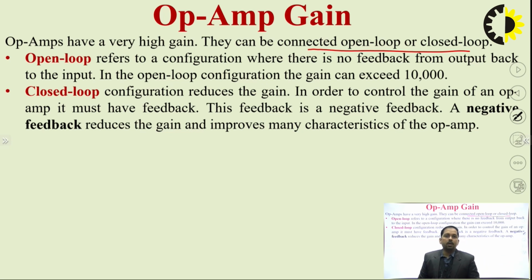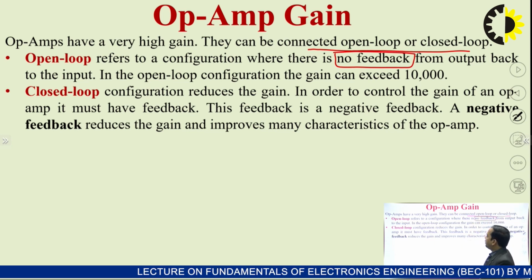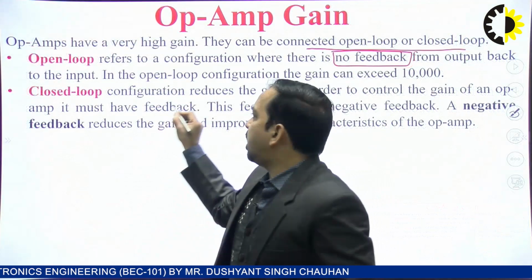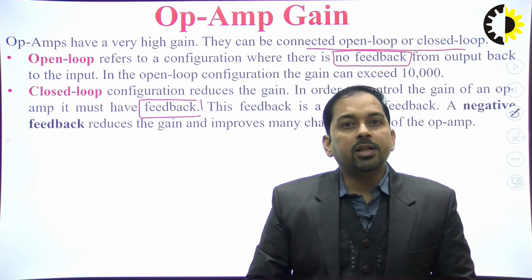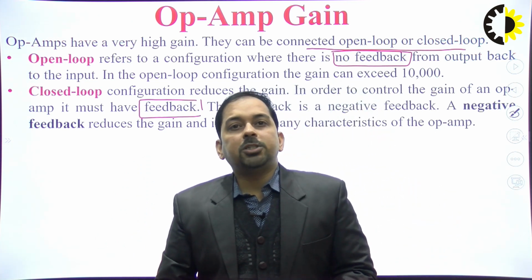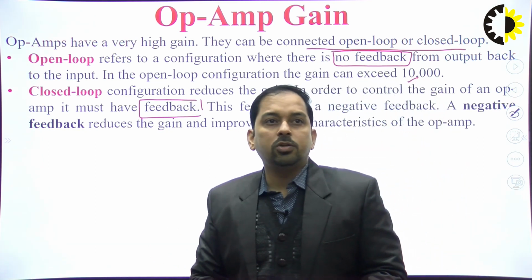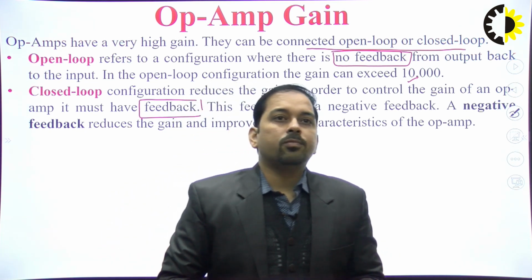Open loop refers to a configuration where there is no feedback, and closed loop refers to a configuration where we apply certain feedback. As we are aware, the open loop gain of the op-amp is very high, nearly around 10,000 or more. This huge amount of gain is not beneficial, so we'll go for feedback.